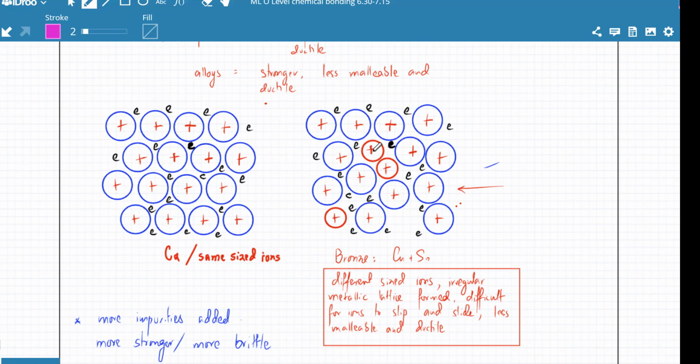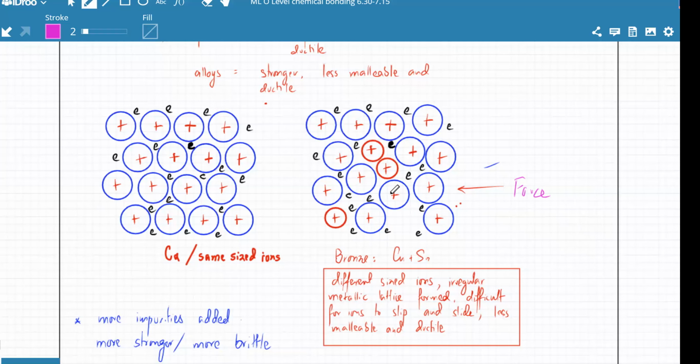Like if you add copper and zinc, the copper atom would have a different number of shells than the zinc atom. So the lattice would become irregular. Now they're no longer neatly, regularly arranged. So when you apply a force, the ions can't really slip and slide.